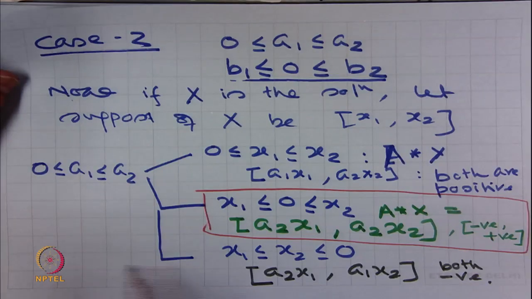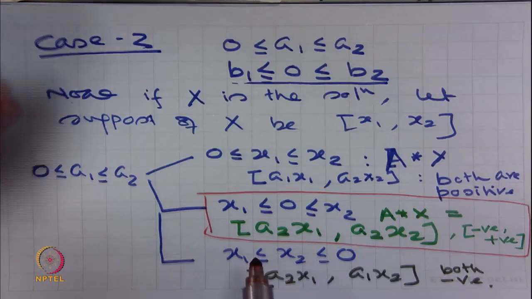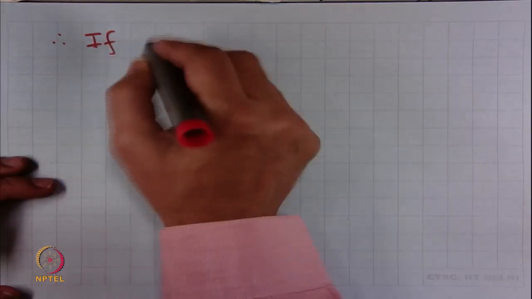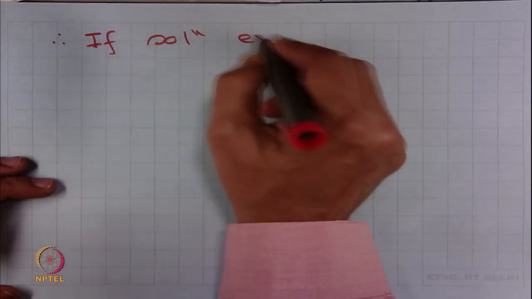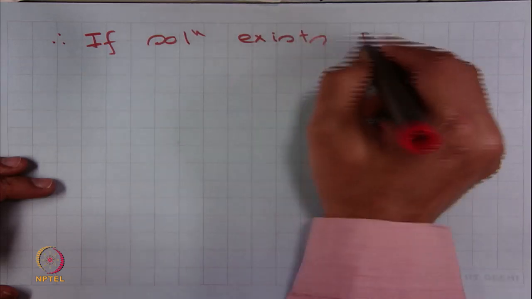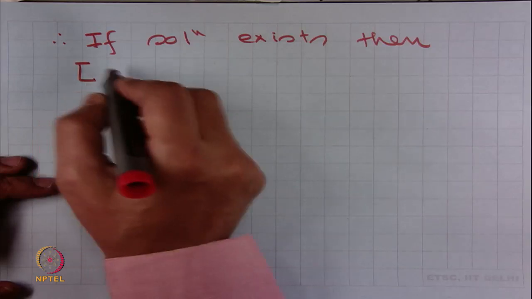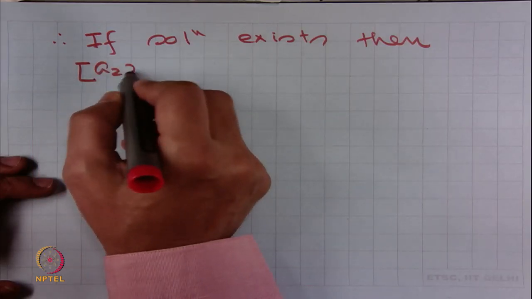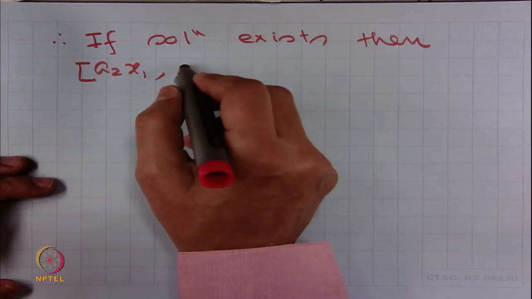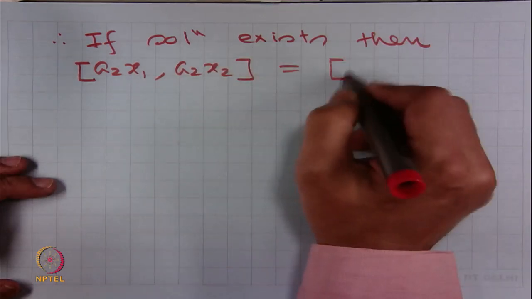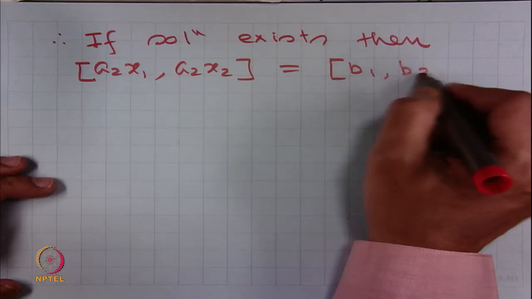Therefore, if a solution exists, then A2 x1, A2 x2 is equal to B1, B2.